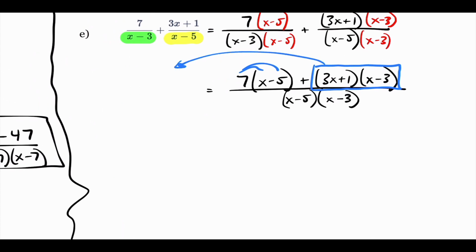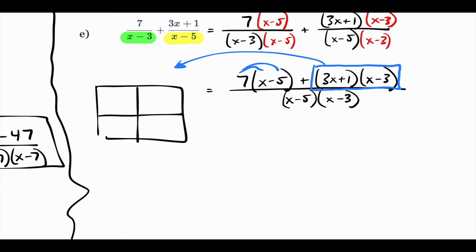Let me multiply these guys over here so I have room. 3x plus 1 times x minus 3. Three x squared plus 1x minus 9x minus 3.